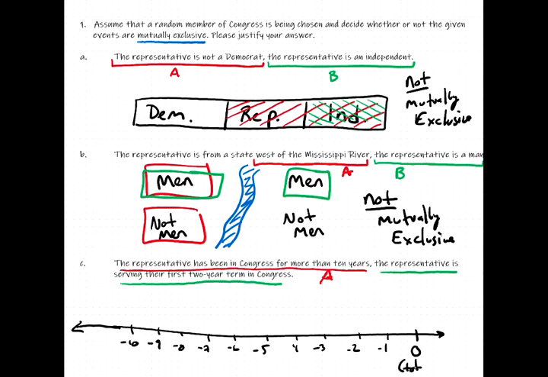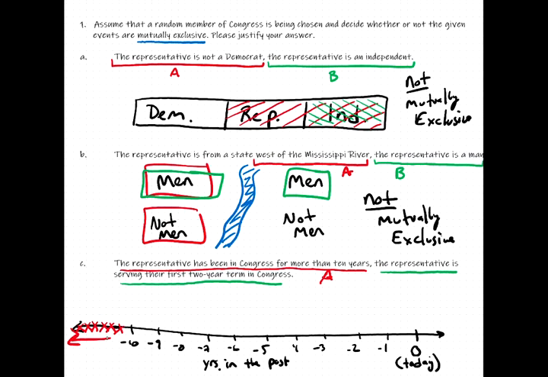So 0 is today, and we're looking at years in the past. So for the representative to have been in Congress for more than 10 years, that representative should have started more than 10 years ago. So anytime 10 years or more in the past.